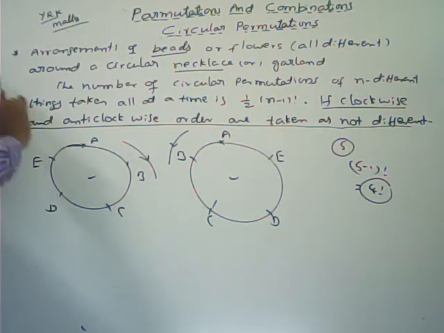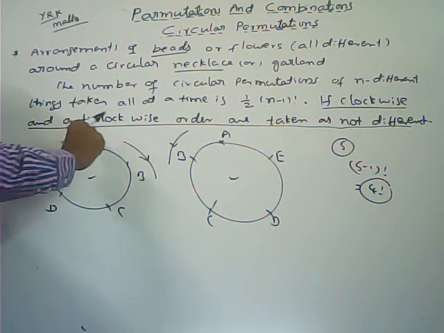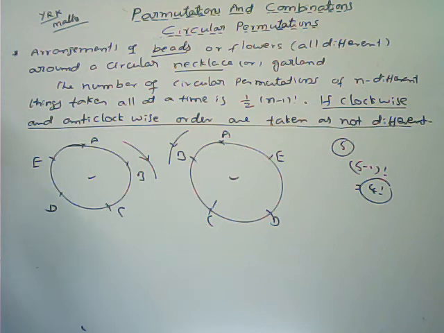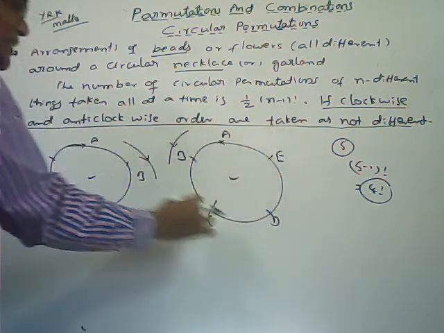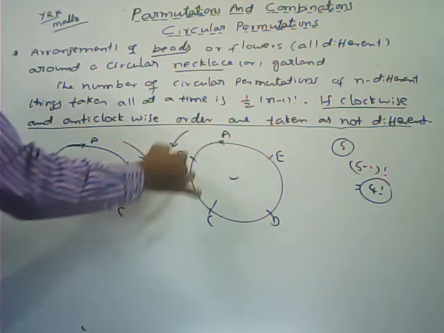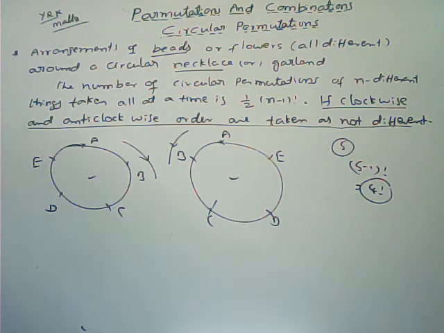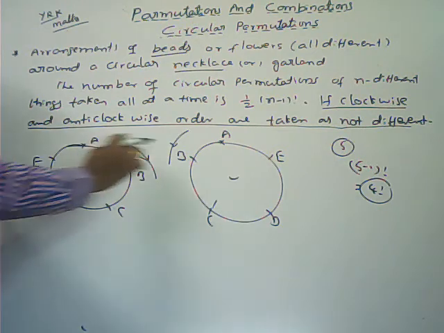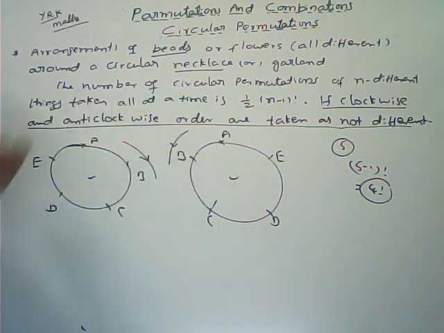In the clockwise direction, if you observe the things, A, B, C, D, E, but here A, E, D, C, B is a different circular permutation only. But the clockwise A, B, C, D, E and the anti-clockwise arrangement both have the same neighbors.